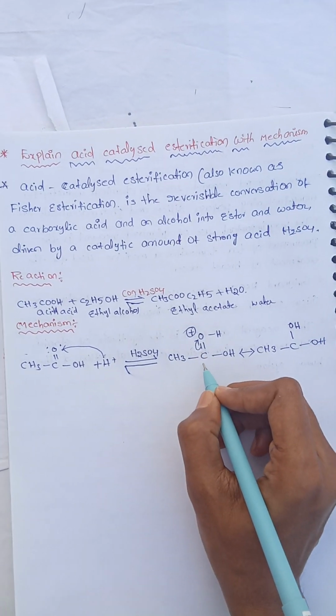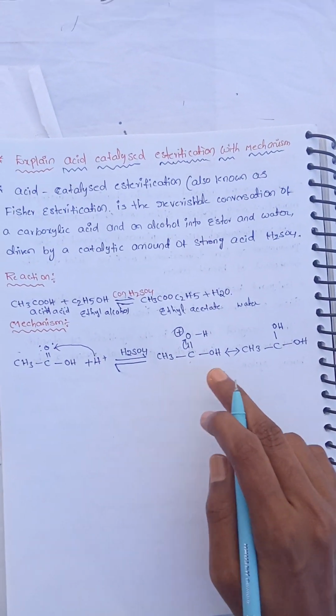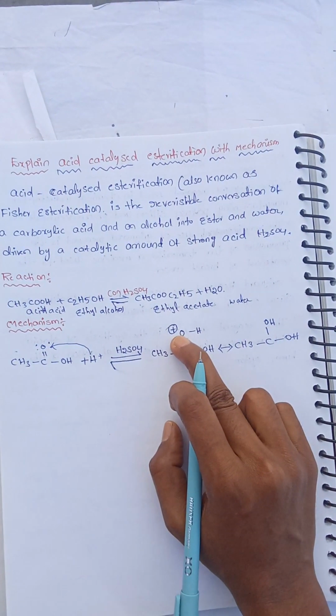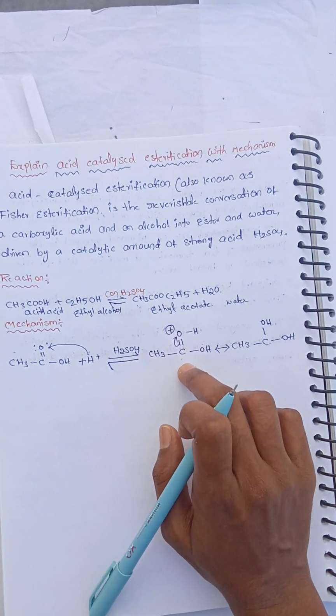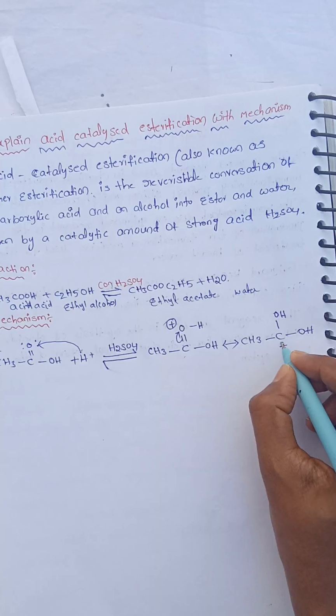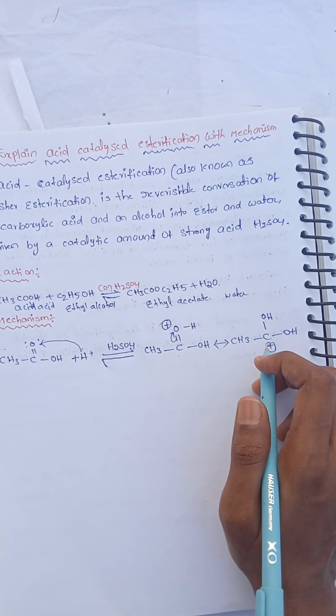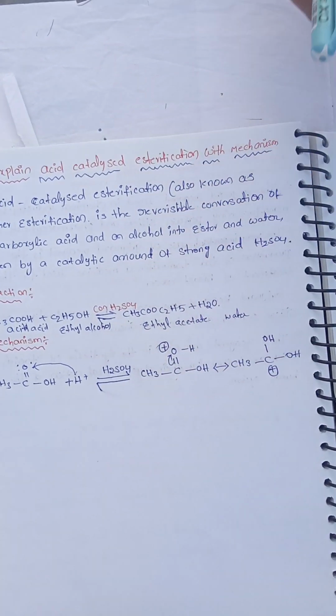Now when the double bond is migrated to a single bond, carbon gets a positive charge.